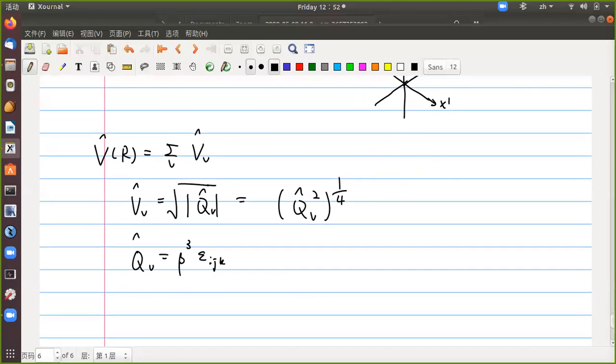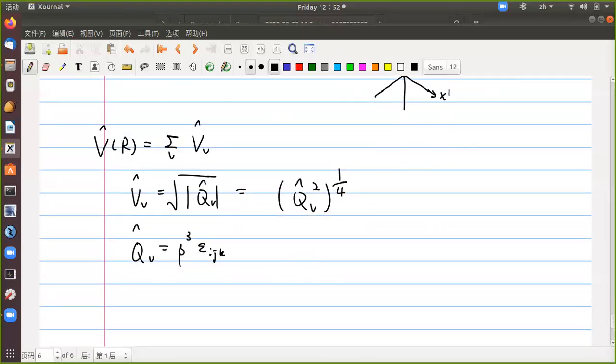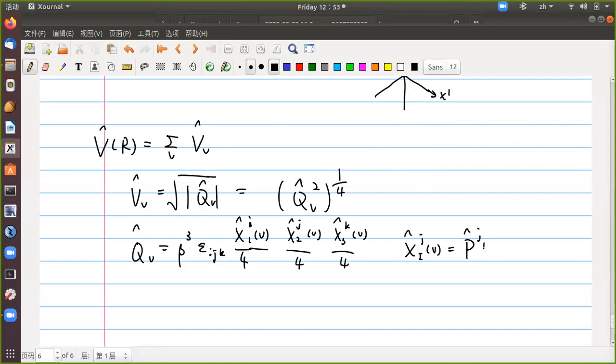Well, I'm just going to use X. So this is the volume operator.